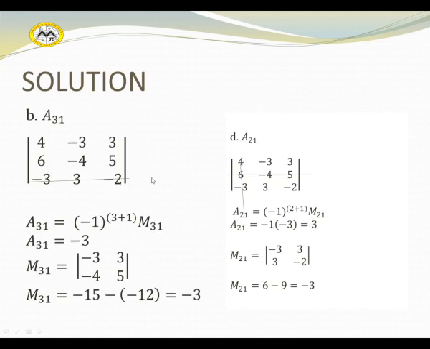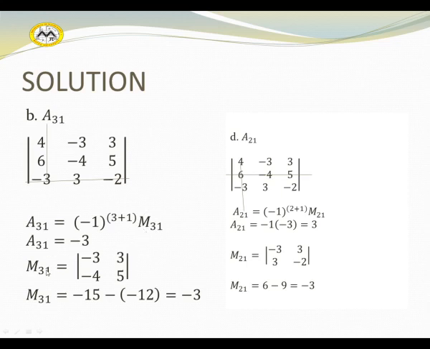Finding the cofactor, so we have it here. What is the cofactor of the element at third row and first column? This time, we also have to delete the third row and the first column. The remaining elements are negative 3, negative 4, 3, and 5. The cofactor is negative 1 raised to 3 plus 1, the sum of the third row and the first column, multiplied by the minor.